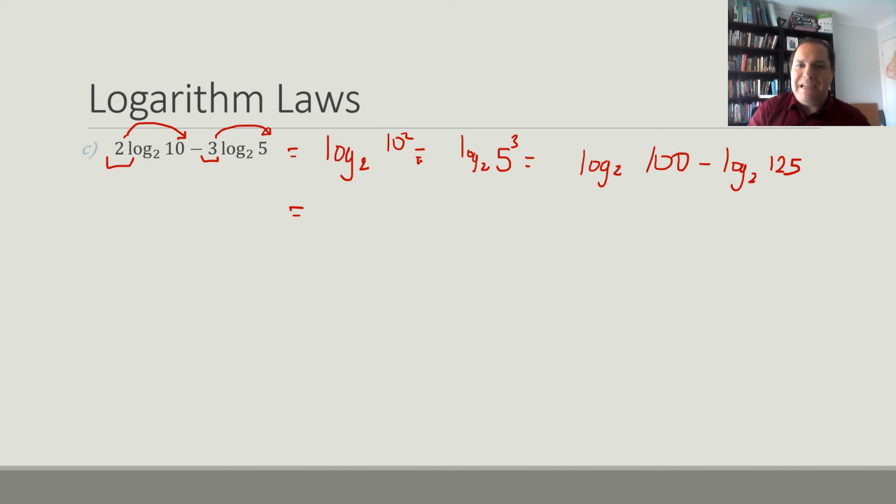When I'm subtracting, I can write that as a fraction. So log base 2 of 100 over 125. Looking at that fraction, I can simplify it by dividing both by 25. 100 divided by 25 is 4. 125 divided by 25 is 5.